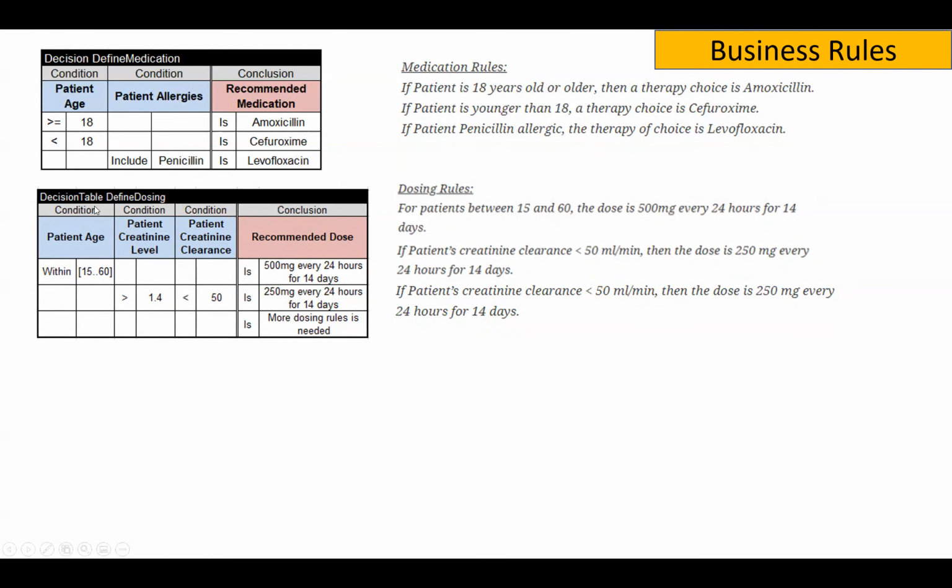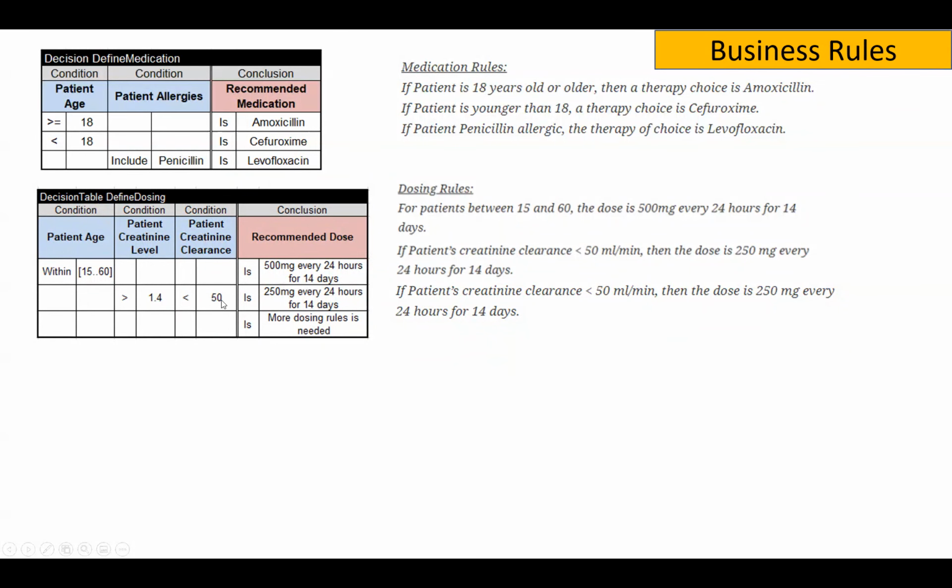But let's say this patient is 65 years old. Then the first rule would be skipped, and it means this decision table will look for the next first satisfied rule. So it will analyze the second rule. It will check the patient creatinine level, and then it will check creatinine clearance that, if you remember, should be calculated based on some formula.